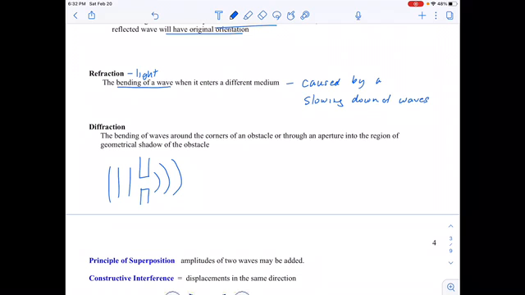The reason for this is that a straight wave front is really the sum of a whole bunch of individual points. If you create a small opening, essentially you're putting just one point through, and that one point source behaves like one point source and makes a curve. And that bending process is called diffraction.